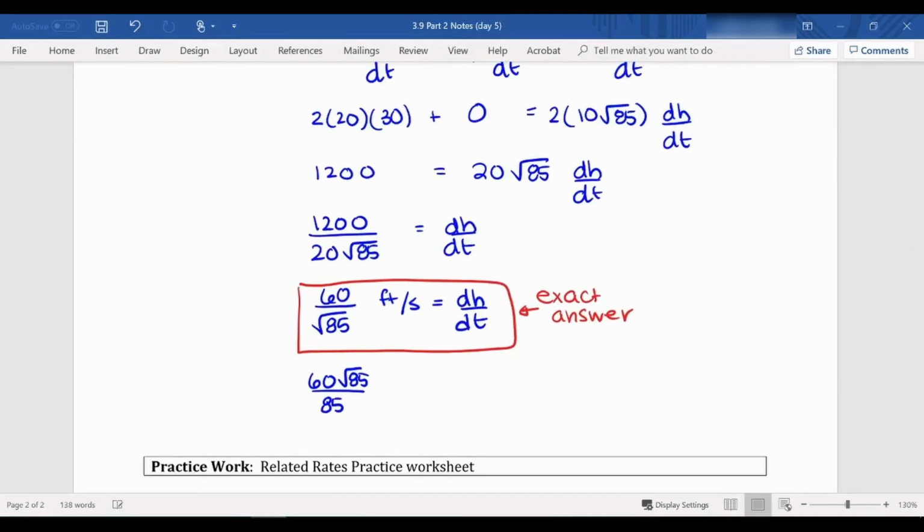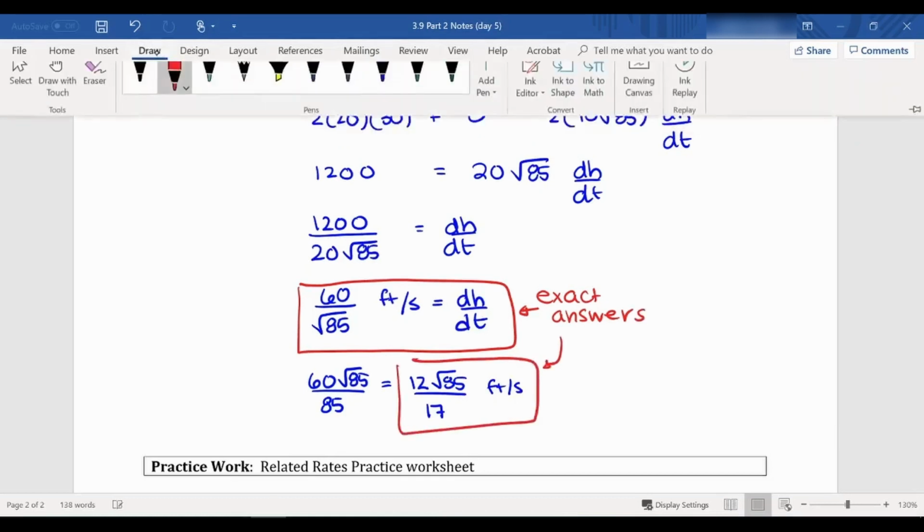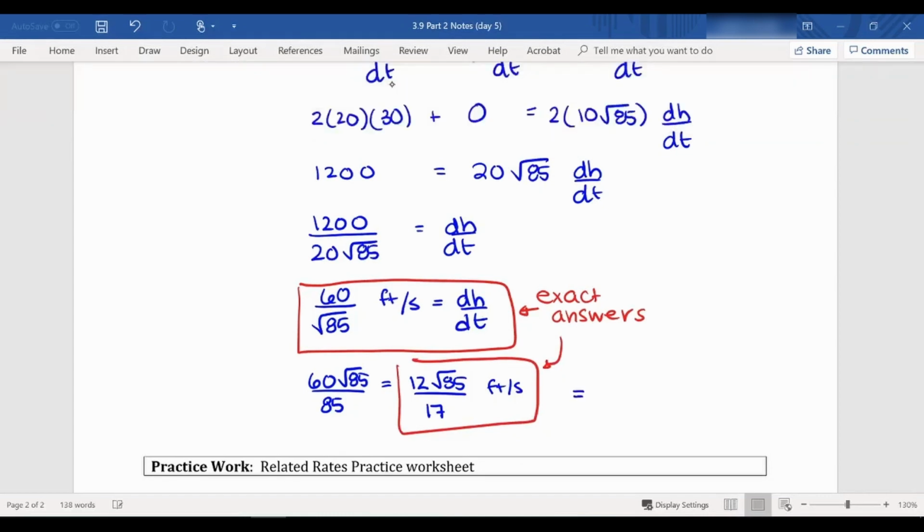And then I would need to simplify. I need to divide these things by 5 and get 12 root 85 over 17 feet per second. Okay. This would be another exact answer. And if I wanted to evaluate it, I would get 6.5 feet per second.